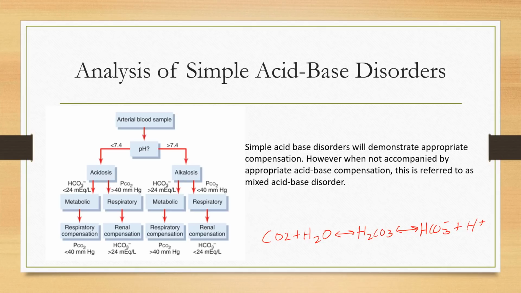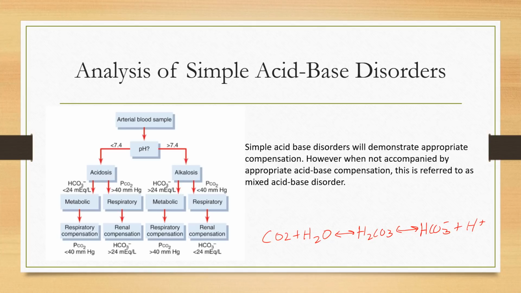However, if there's not an appropriate acid-base compensation, there might be a mixed disorder going on. So in other words, there's a predictable compensation that occurs with each one of these disorders. And if we see that predictable compensation, we call it simple because we know that it's strictly due to just respiratory acidosis or respiratory alkalosis, and we see the appropriate compensation taking place.